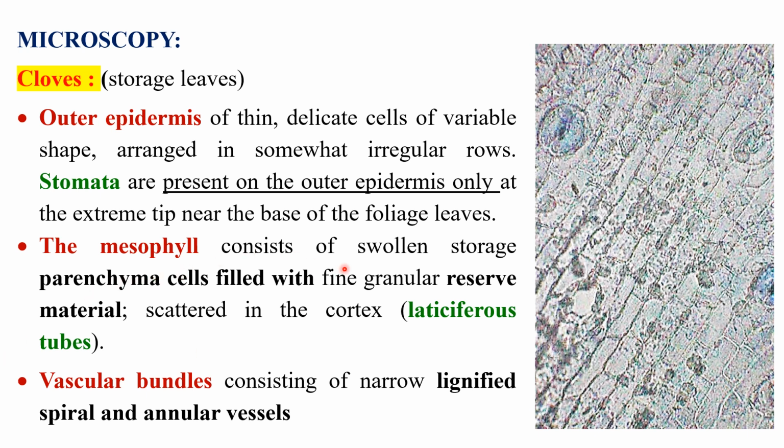The mesophyll consists of swollen storage parenchyma cells filled with fine granular reserve food material, scattered in the cortex in the lenticular tubes. This is the structure containing the active constituents of garlic, the organosulfur compounds and so on, as we will see later in the part on active constituents, followed finally by the region of vascular bundles, which contains lignified spiral and annular xylem vessels.